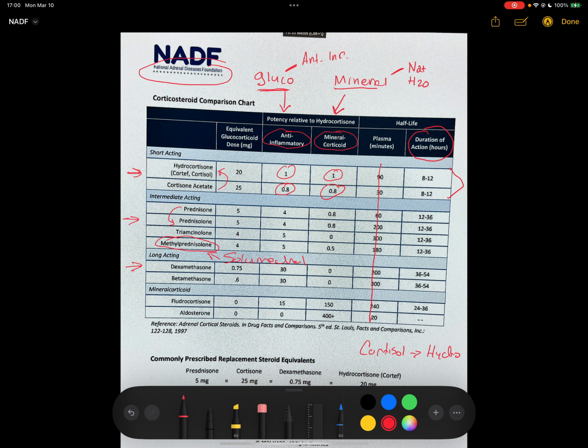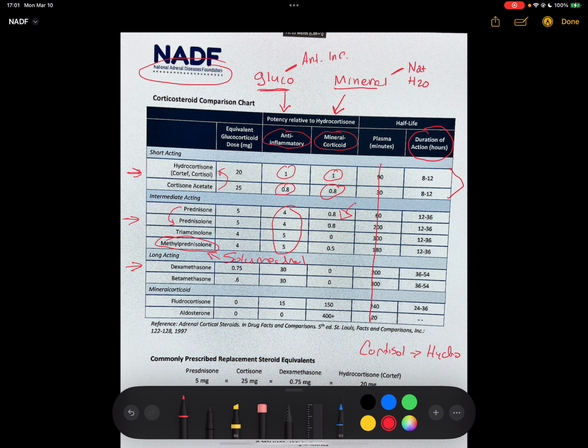So when you look at their potency, their glucocorticoid and mineralocorticoid potency, they are going to be roughly on par. And you'll notice that these intermediate acting corticosteroids have far greater glucocorticoid effects than mineralocorticoid effects.